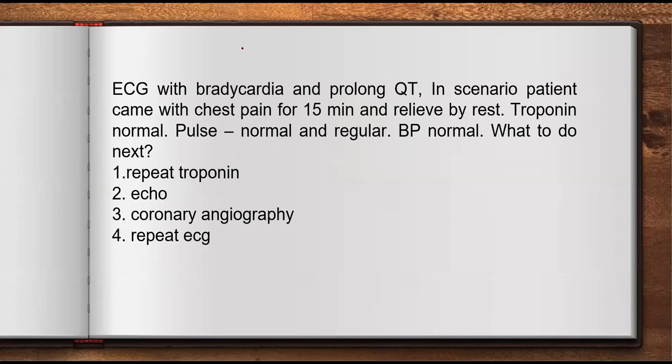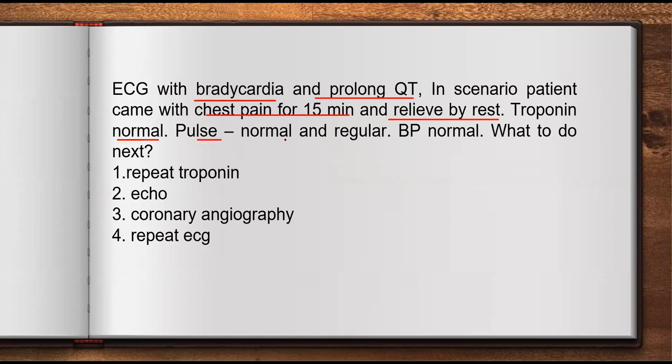Cool. Next, there is a patient in which you have got an ECG with bradycardia and prolonged QT syndrome. In the scenario, patient came with chest pain for 15 minutes and relieved by rest.